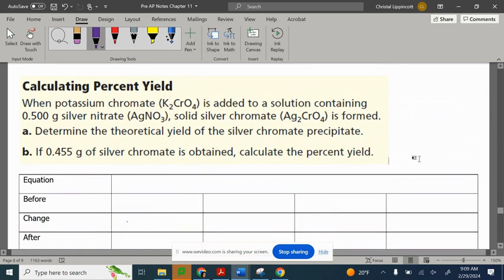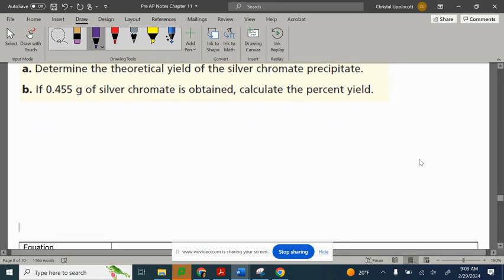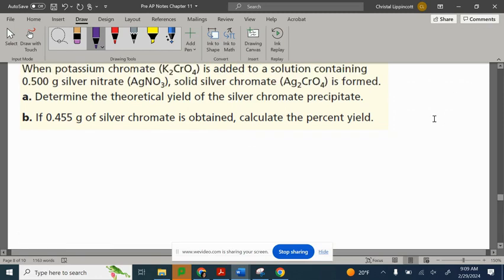All right, let's look at another one here. We've got potassium chromate is added to silver nitrate. So we've got K2CrO4. So put this in your table. I'm just not using the table because I keep having disappearing ink.